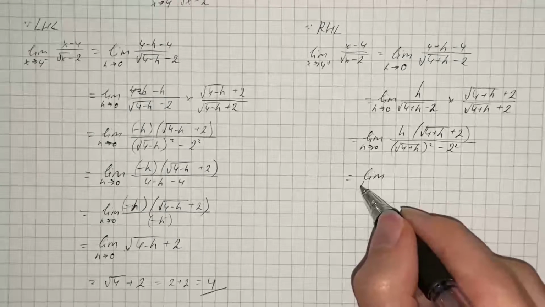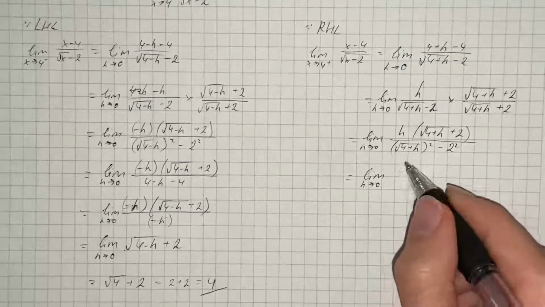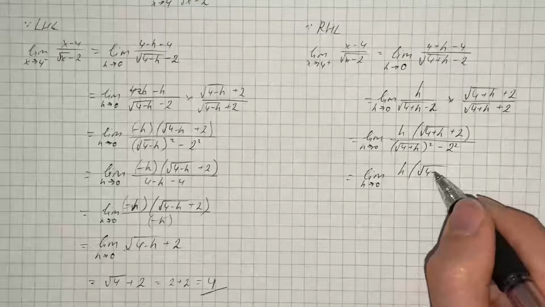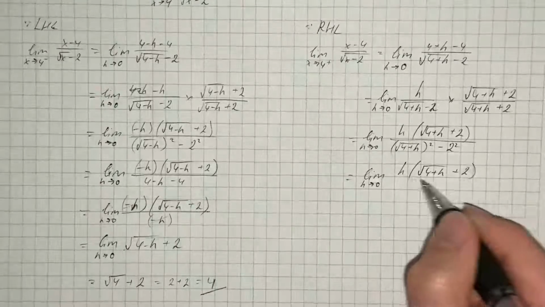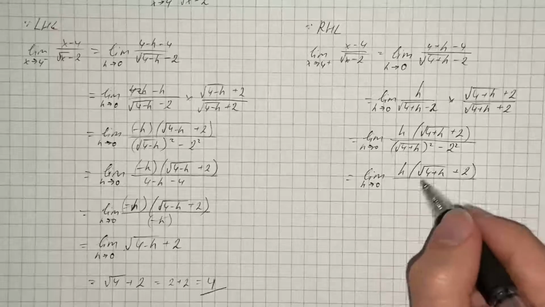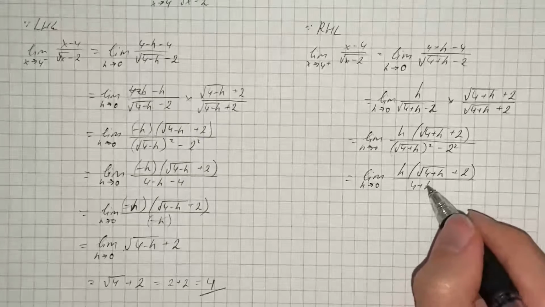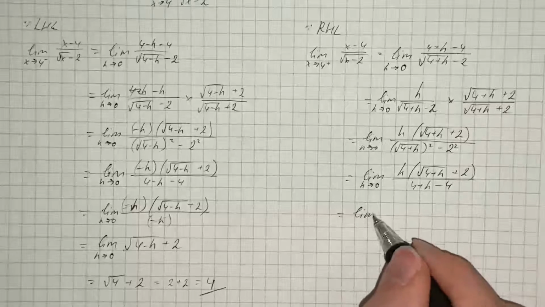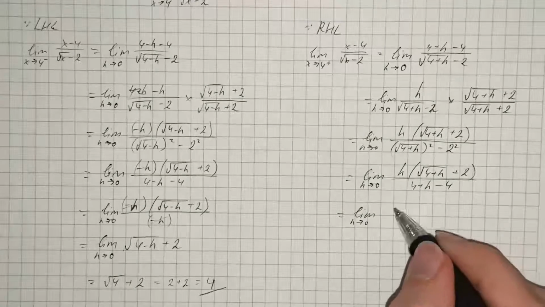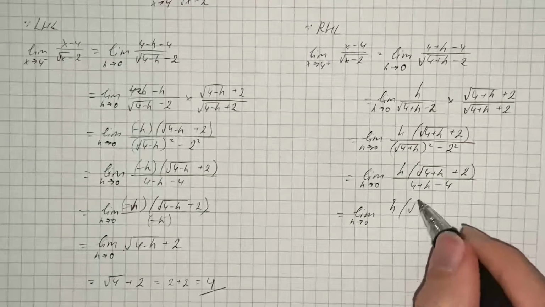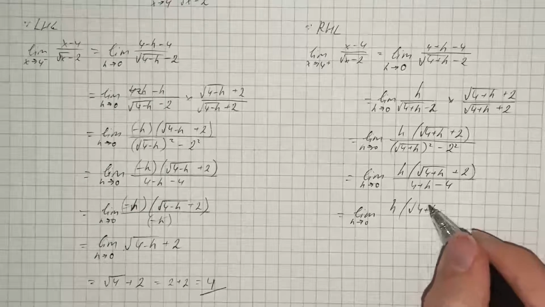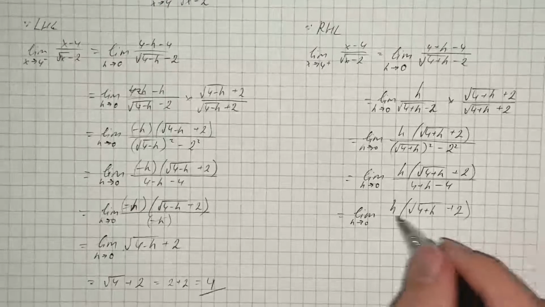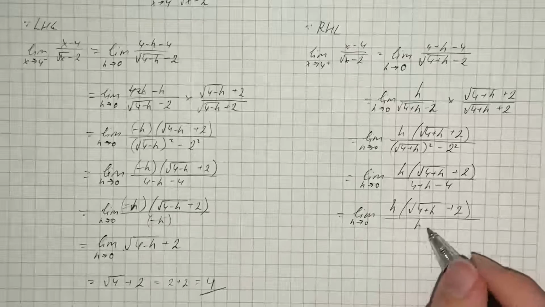So that's going to be the limit as h approaches 0 of h times (root of 4 plus h plus 2) over (4 plus h minus 4). So now we get h times (square root of 4 plus h plus 2) and h in the denominator.